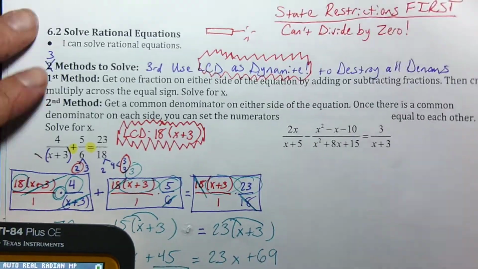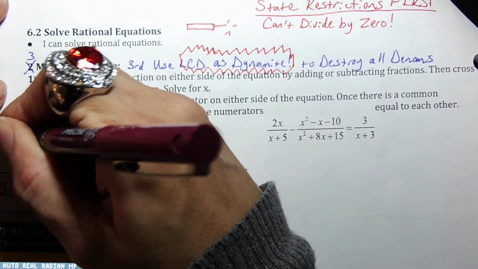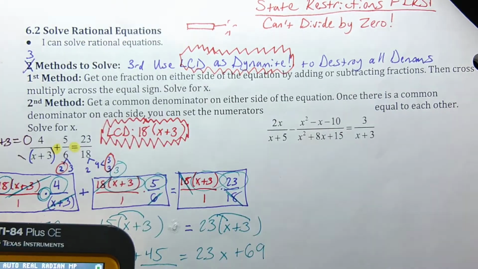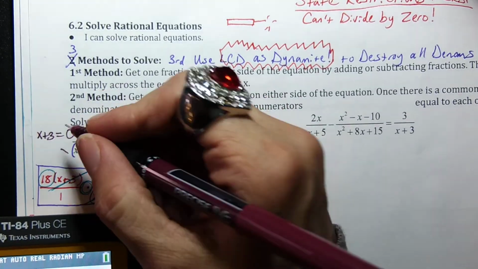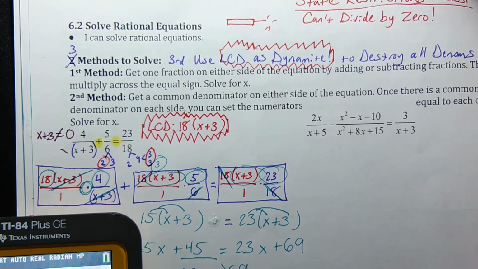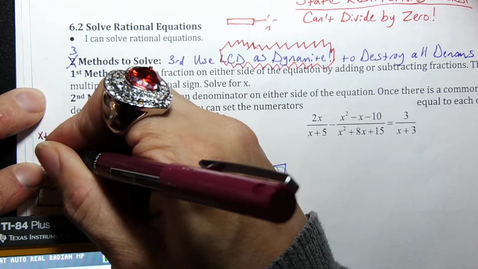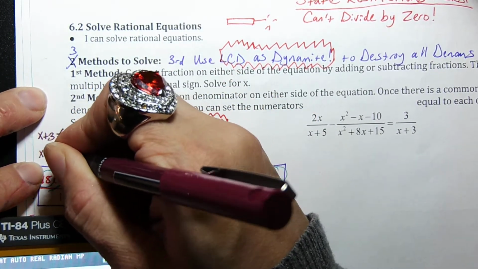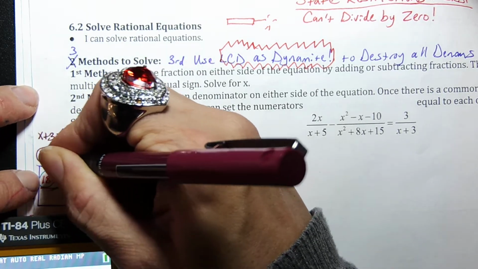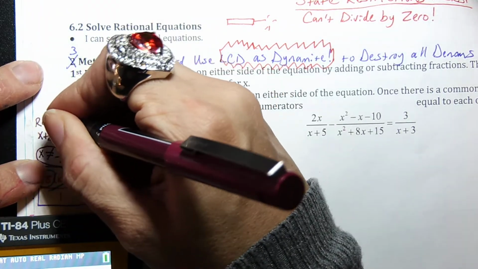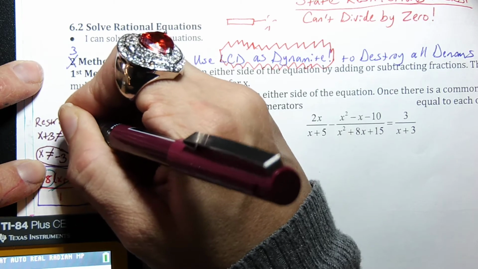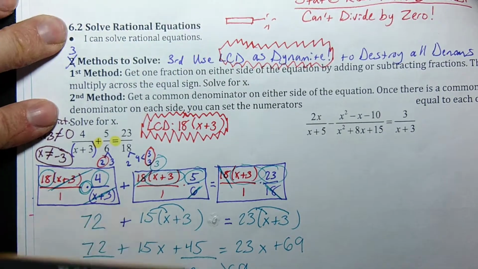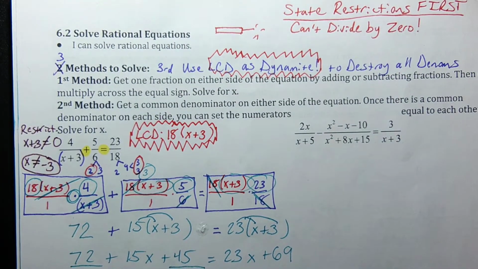We say, okay, what value of x would make this equal to 0? Because we don't want that. So x, we do not want to be equal to -3. This is our restriction. So x can't be equal to -3.